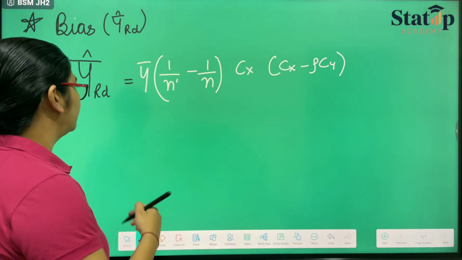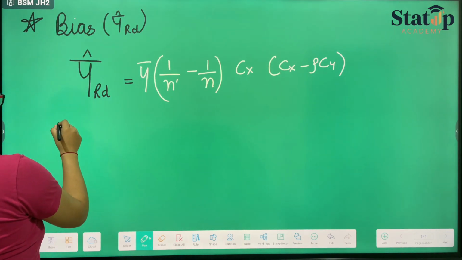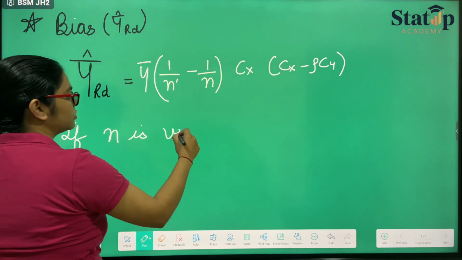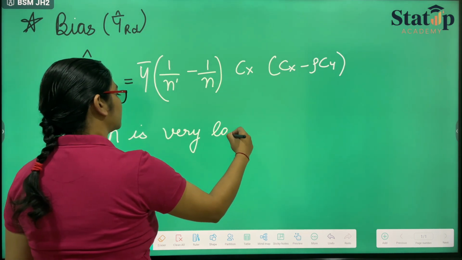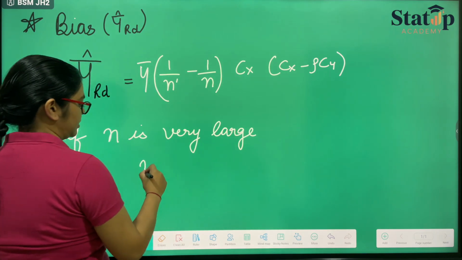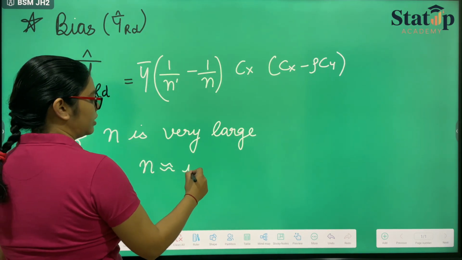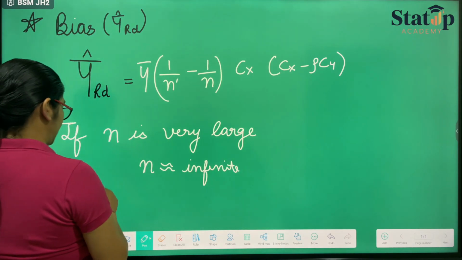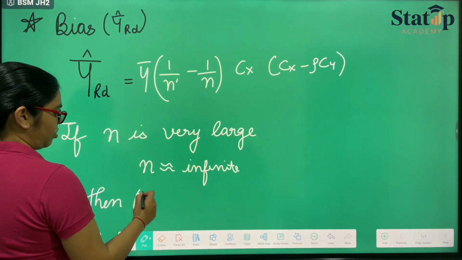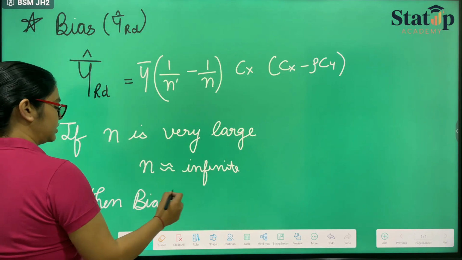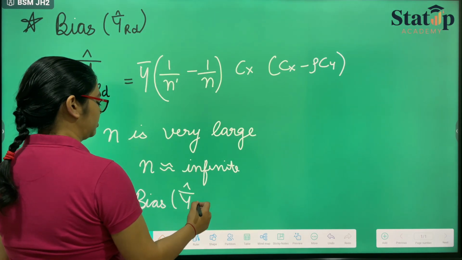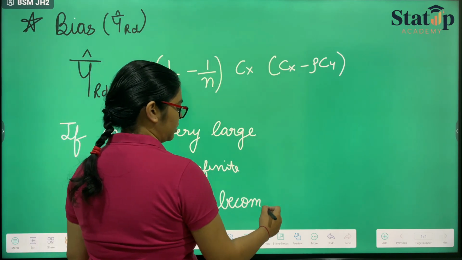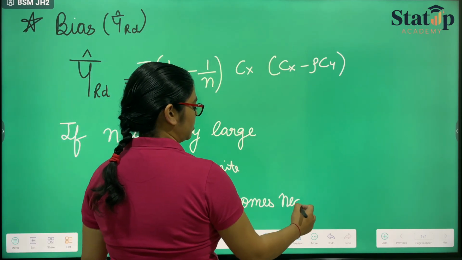So now we know that if n is very large, means n is almost equal to infinite, then the bias of this estimator, ratio estimator in double sampling, becomes negligible.